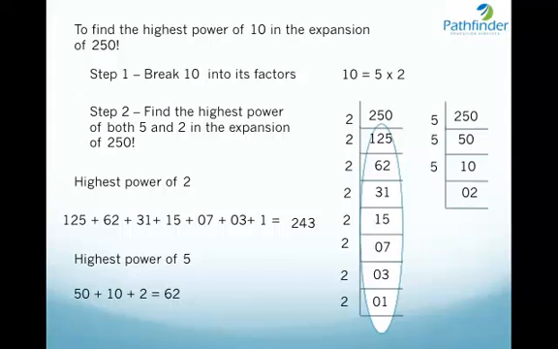How many pairs can you form? Can you form 243 pairs? No. You can form only 62 pairs. In a similar case here, when there are 243 twos and 62 fives, we can only form 62 pairs. And therefore, the highest power of 10 in the expansion of factorial 250 is 62.